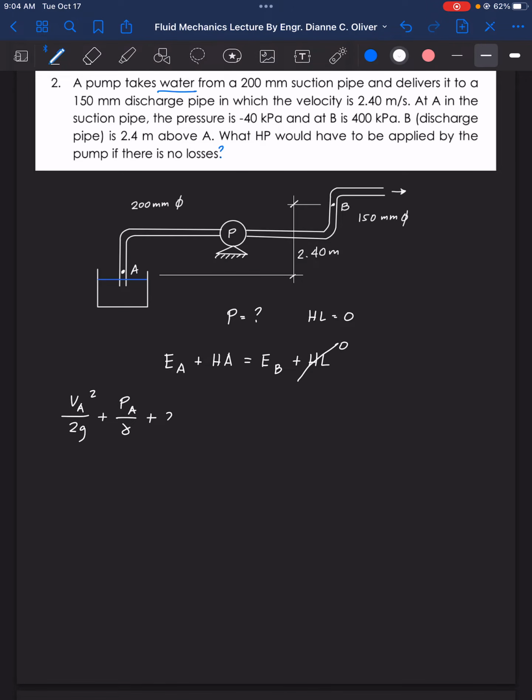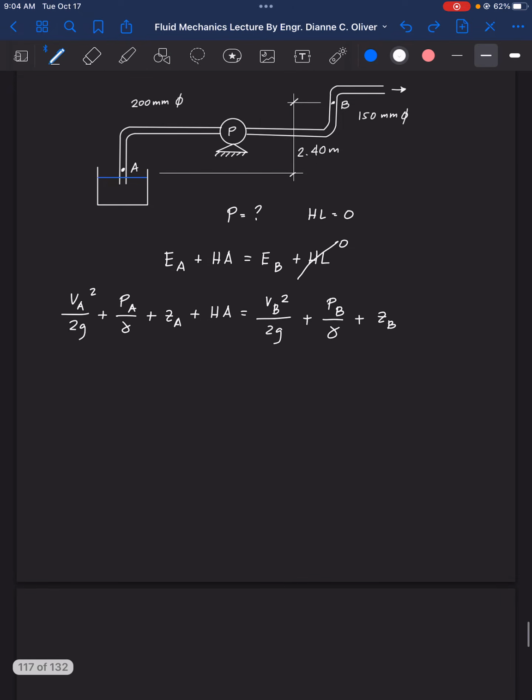Plus elevation head, plus energy added, equals velocity head at B plus pressure head at B plus elevation at B, and no head loss. So this is our equation 1.